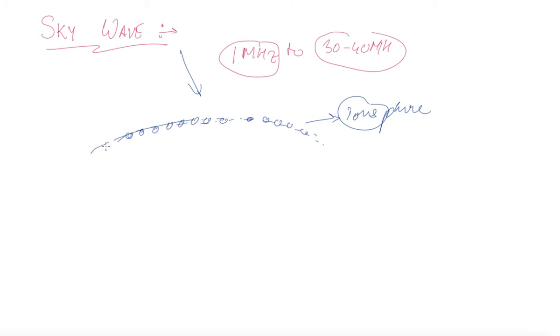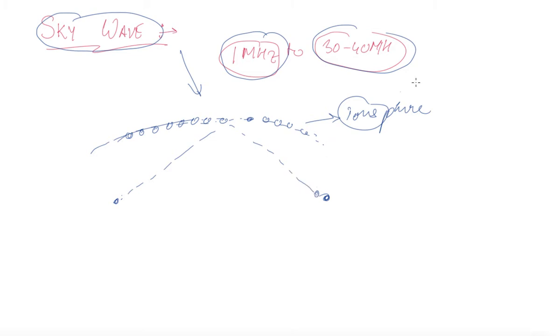This layer is there in our earth's atmosphere, and it is known as the ionosphere. So we can direct the wave at the ionosphere and target the reflection to a particular point. This targeting and reflection of the wave via the ionosphere, when the frequency is in this range, is known as sky wave propagation.